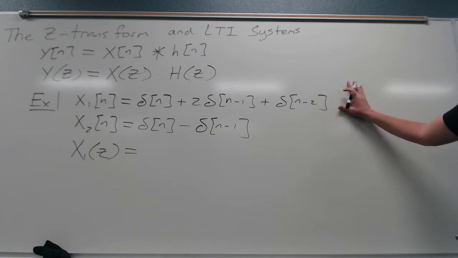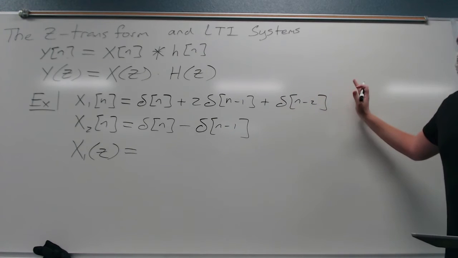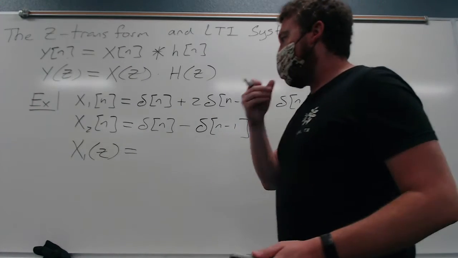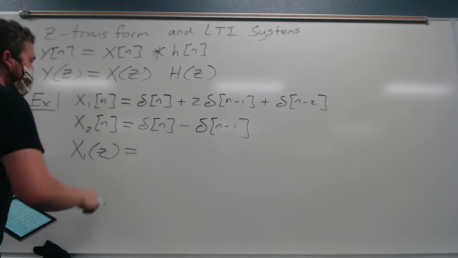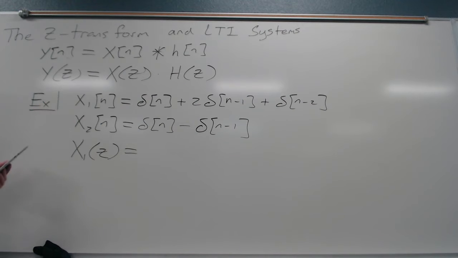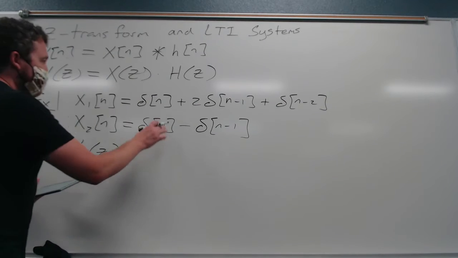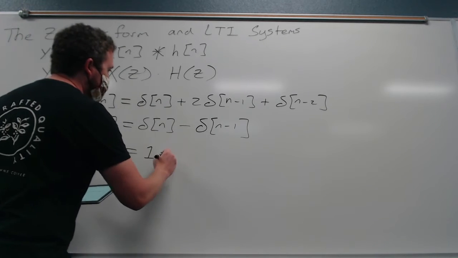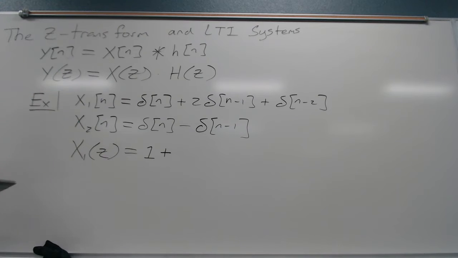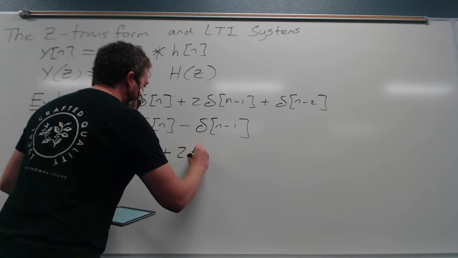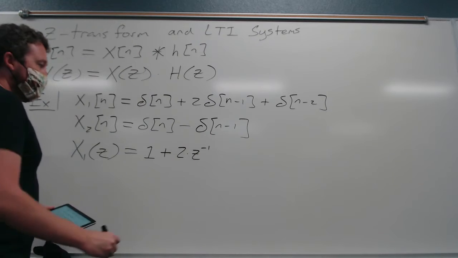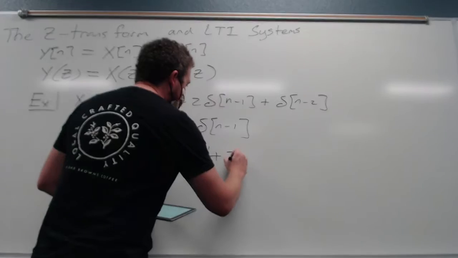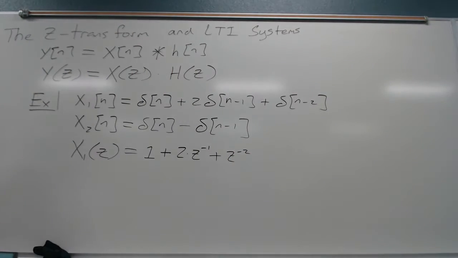So where were we? Right, we had our two functions, x1, which is this train of delta functions, and x2, which is also a small train of delta functions, and we wanted to take the Z transforms of these guys. Because they're delta functions, we can do it by inspection, right? The Z transform of delta n is just 1, plus the Z transform of 2 delta n minus 1, which is 2 times z to the negative 1, plus the Z transform of delta n minus 2, which is just z to the negative 2.